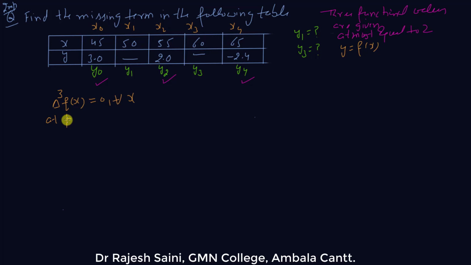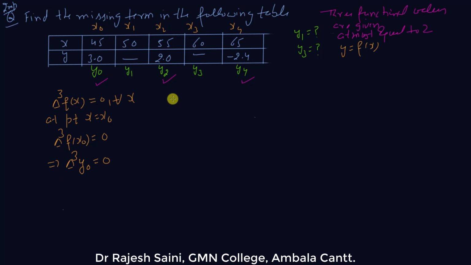It is holding for every possible x. At the point x equal to x0, what will happen? This will be delta cube f of x0 equal to 0. This implies delta cube y0 equal to 0, as f(x0) is nothing but y0.